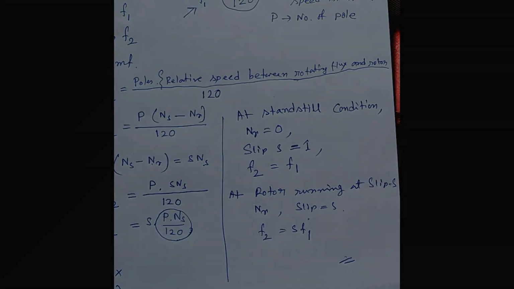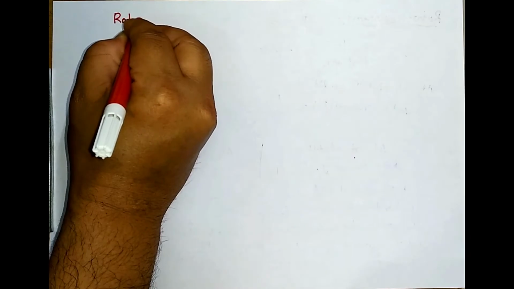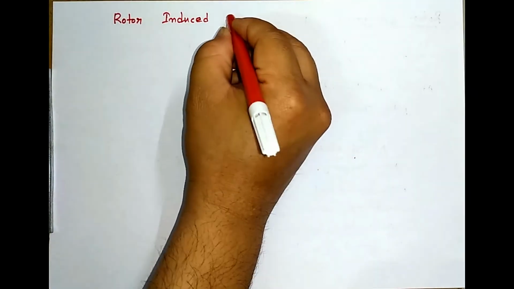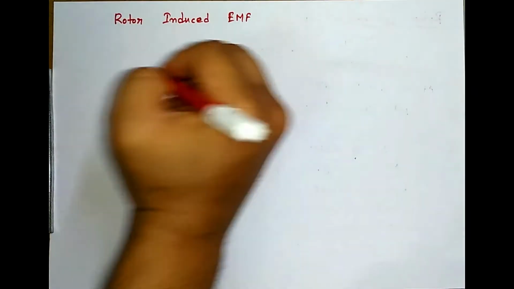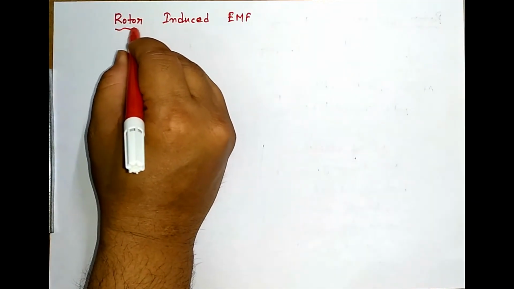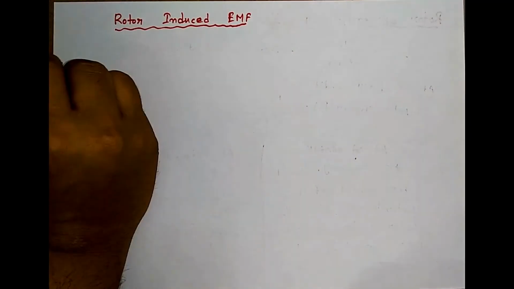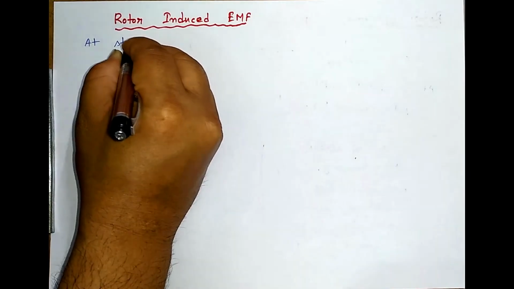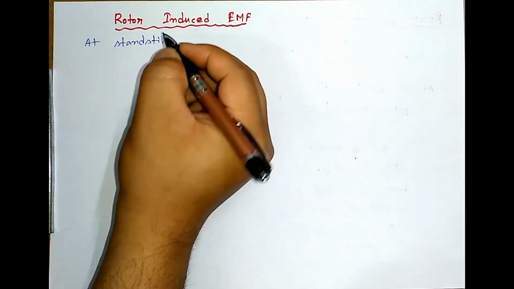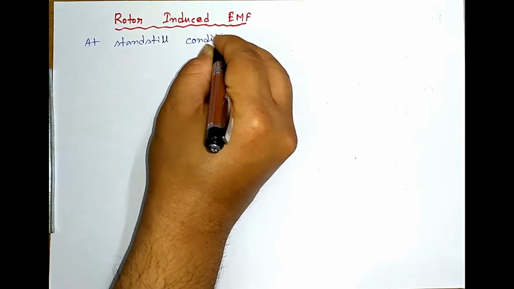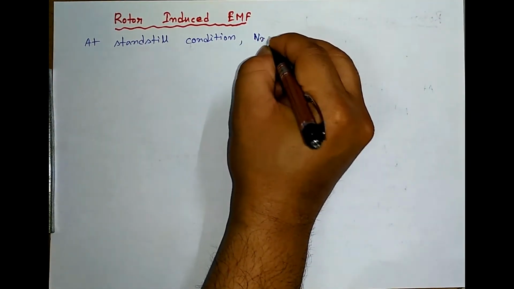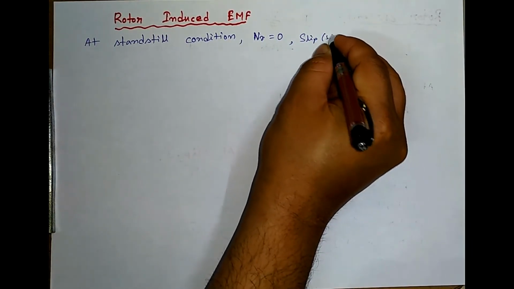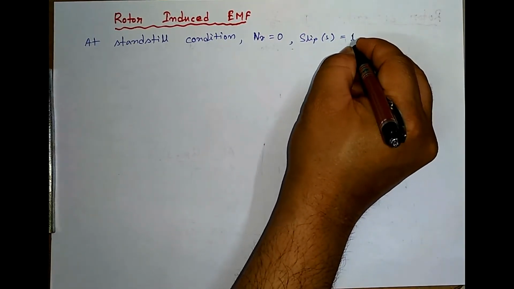Now we'll discuss the rotor induced EMF. So far we know that at standstill condition Nr equals 0, meaning the rotor speed is 0 and slip equals 1.